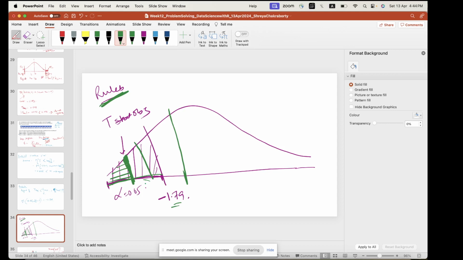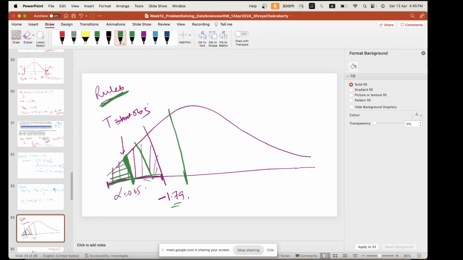Is the equivalence of the two sentences clear? I think so, ma'am. All right. So basically, if the p-value lies above alpha, we do not reject H naught. The p-value corresponds to area.